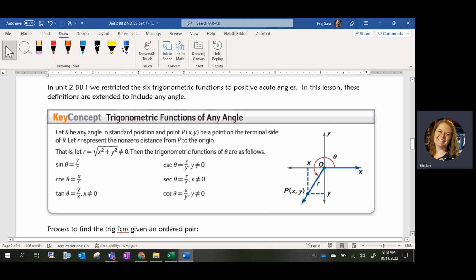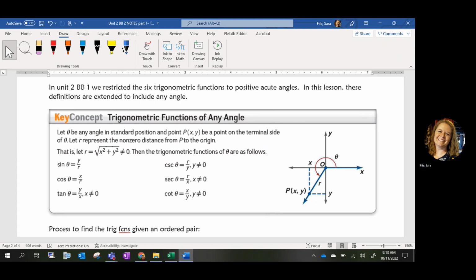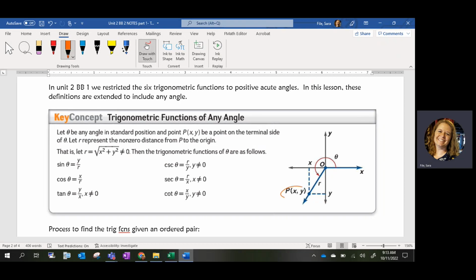All right, now here you've seen the trig ratios in terms of O, A, and H. Now this is actually showing them in terms of X, Y, and R because it's putting it on the coordinate system. So if you have a point X, Y, you plot it wherever it goes, to what quadrant it should be in.